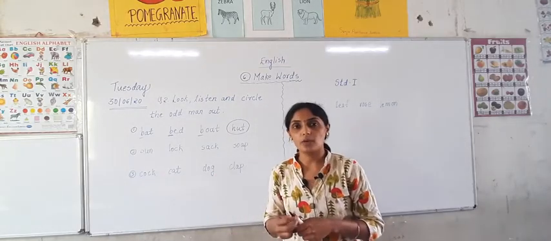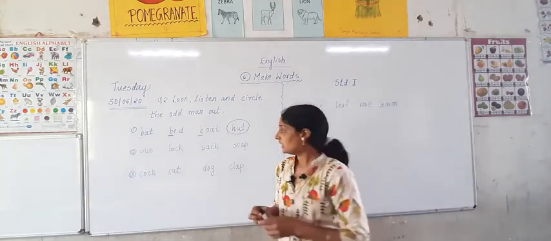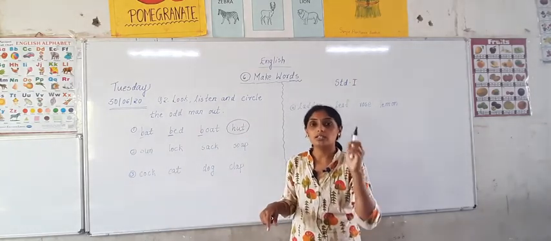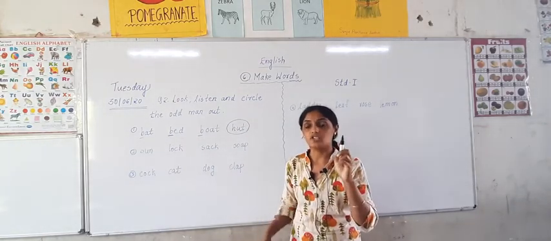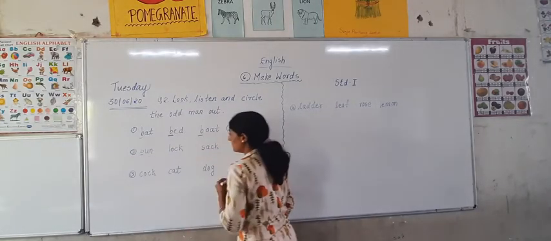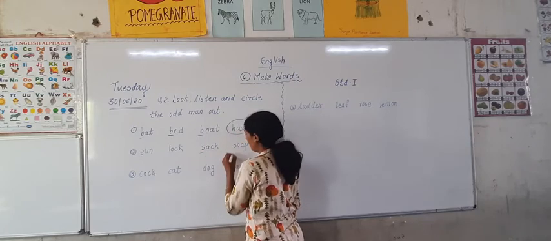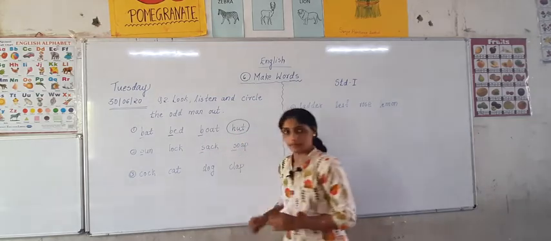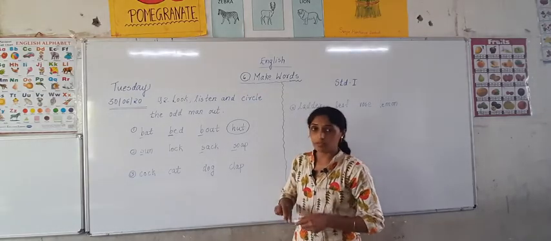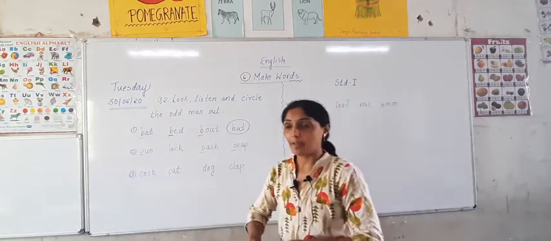SOAP soap means soap. Now all words start with which letter? All words start with the S letter. See, S is here, S is here, and S is here also. Have you got it? So which word will be the odd man out?